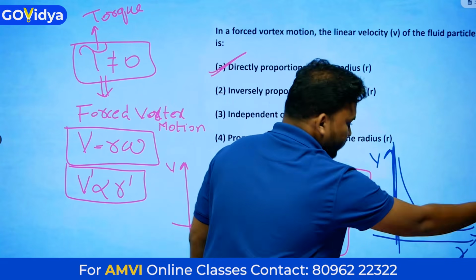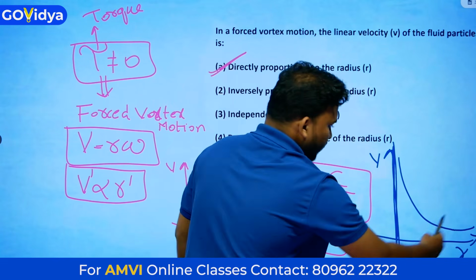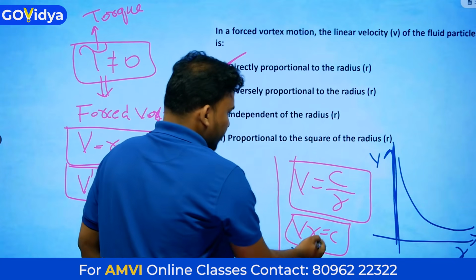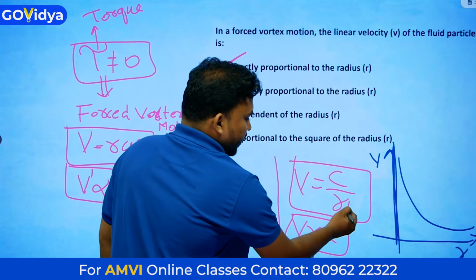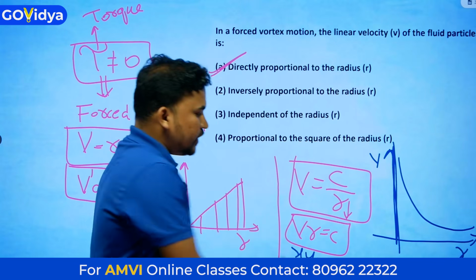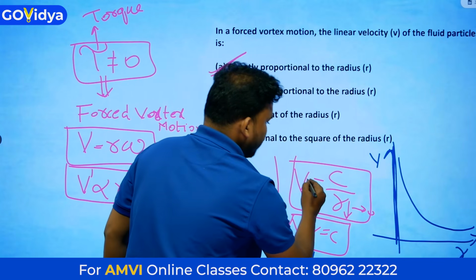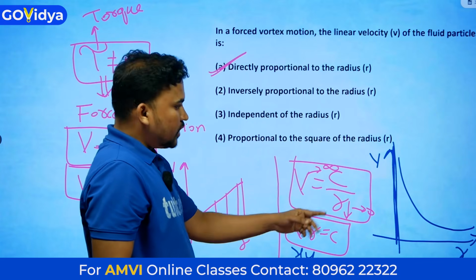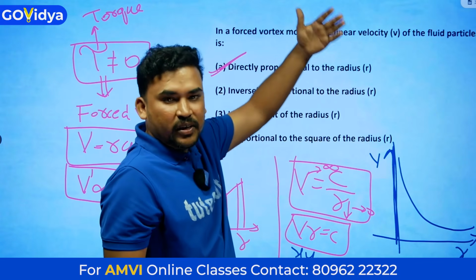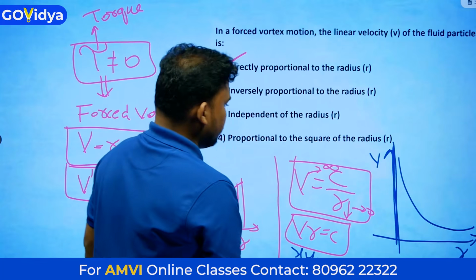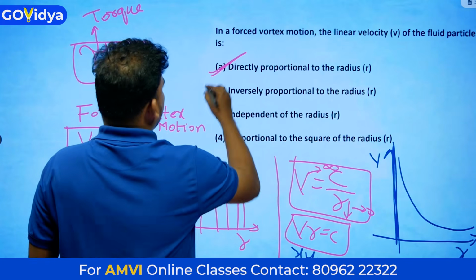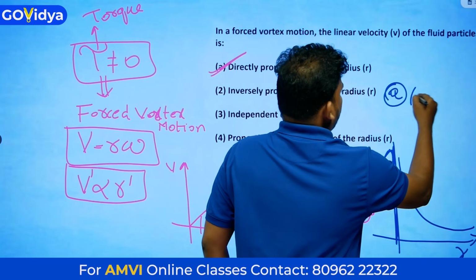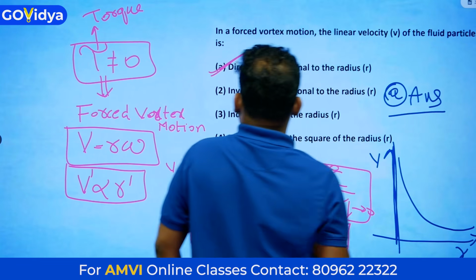We should go outside, away from the center. Then only free vortex motion is possible. Because if my radius is tending to 0, my velocity will tend to infinity, right? This is not a correct value, because if my velocity goes to infinity it is not feasible, right? So the correct answer is A here. A is the answer. Okay.